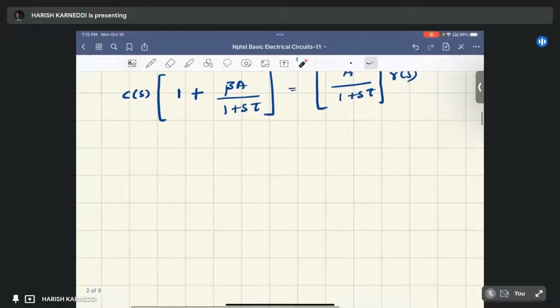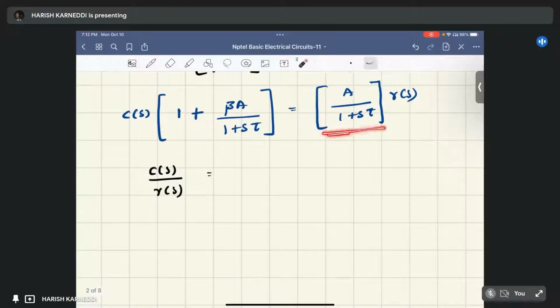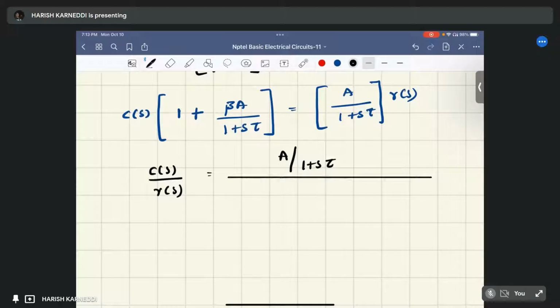So we can rewrite this as C of s by R of s equal to: this function will be our numerator, A by 1 plus s tau, by our denominator function, right?